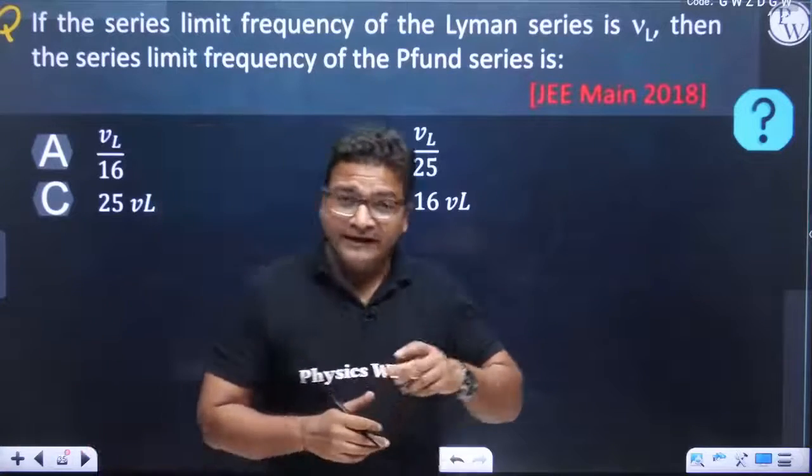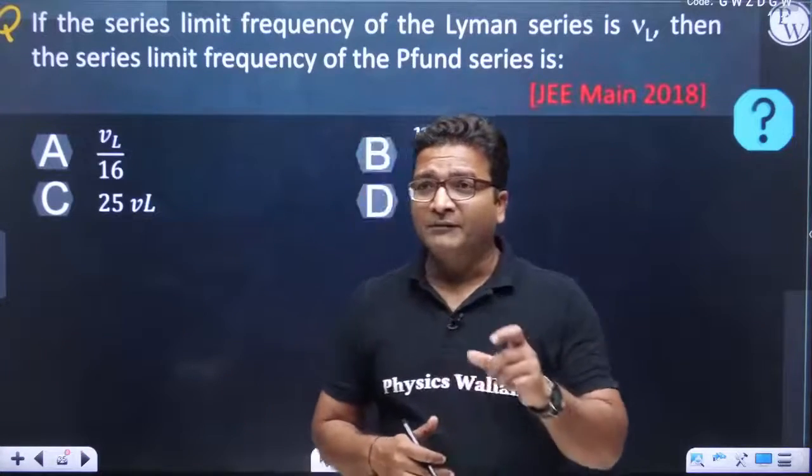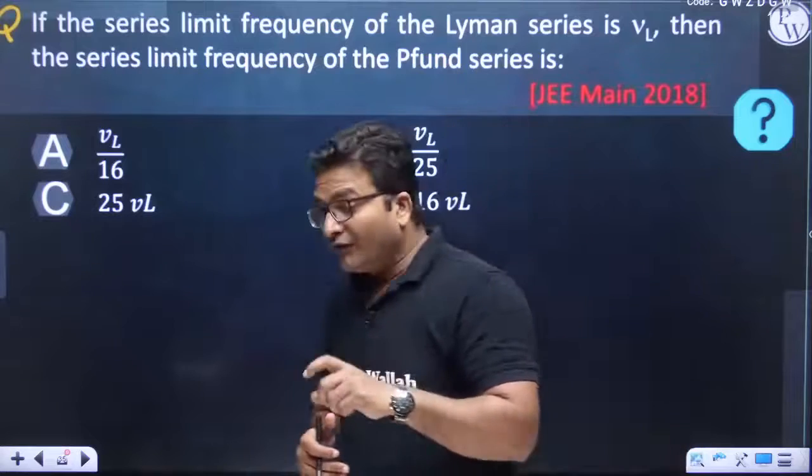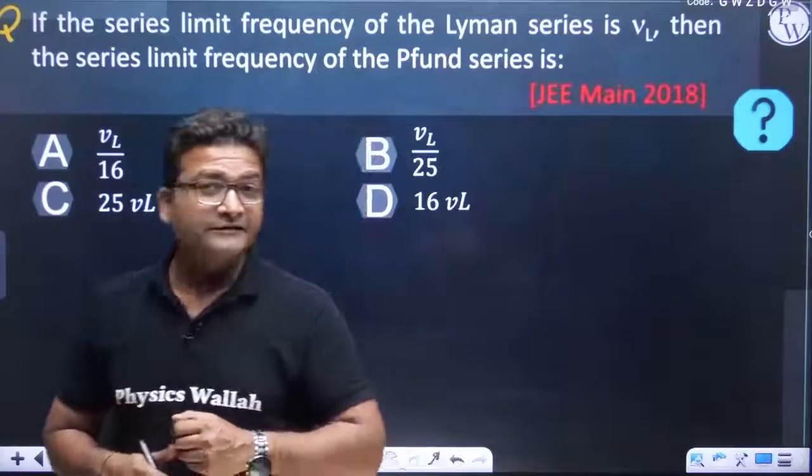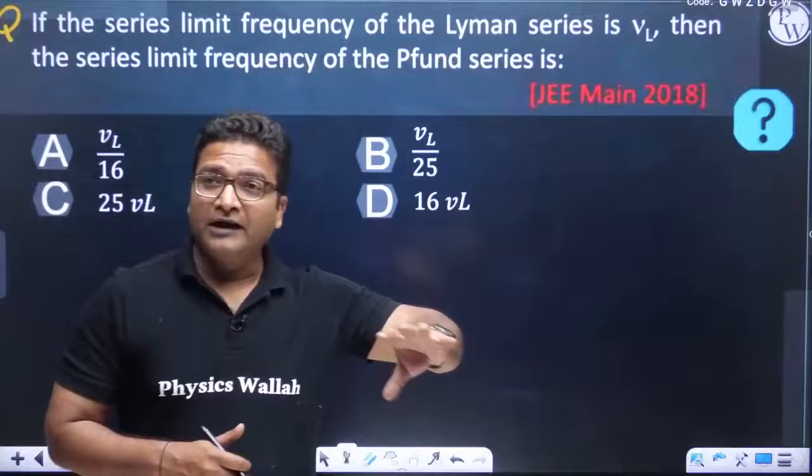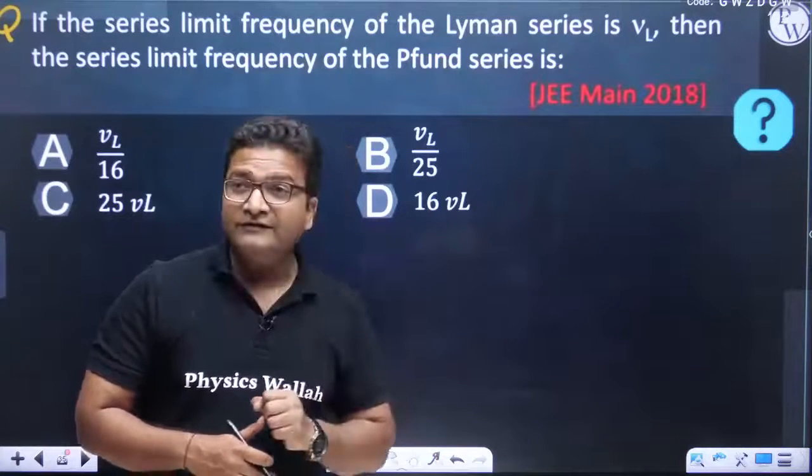Over to the next question. It says the series limit frequency of the Lyman series is VL. So what is series limit? Series limit is the last member, and for the last member the frequency is VL.